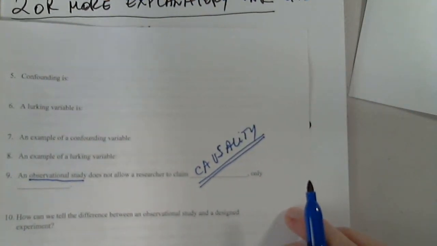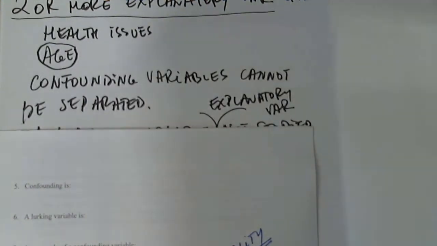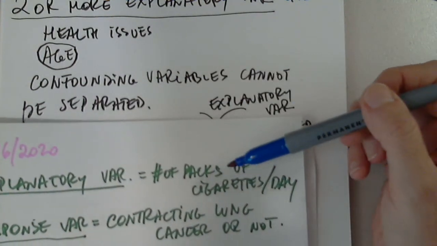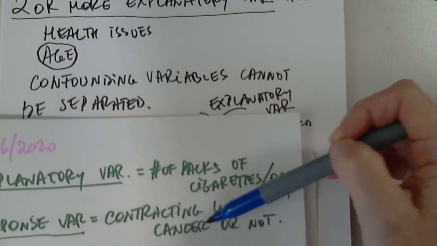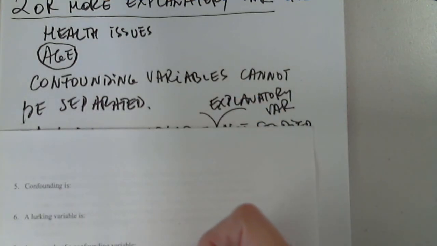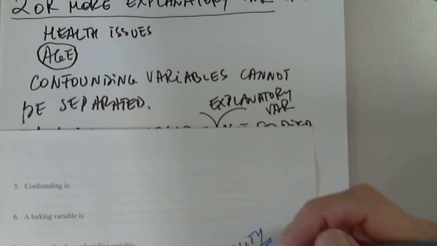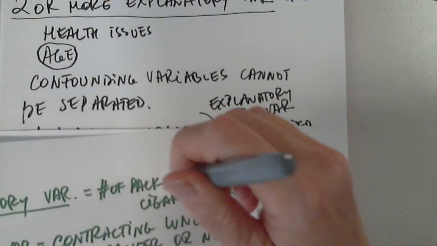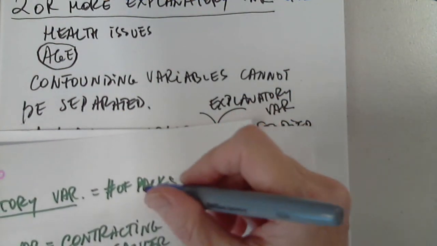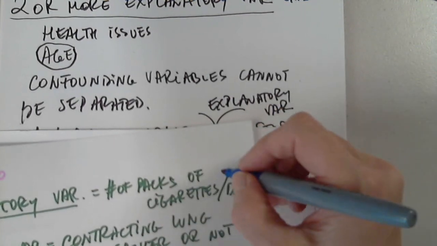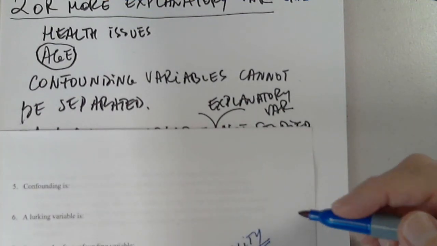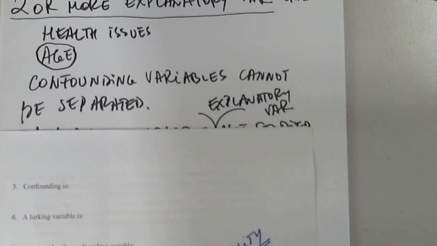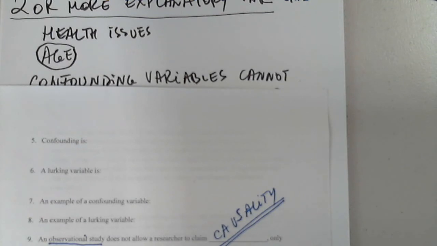So in other words, if we conduct an observational study on the number of packs of cigarettes smoked per day and lung cancer, we cannot say that the number of packs of cigarettes smoked per day, you understand that, causes lung cancer. We cannot say that. We can only say that it's associated.